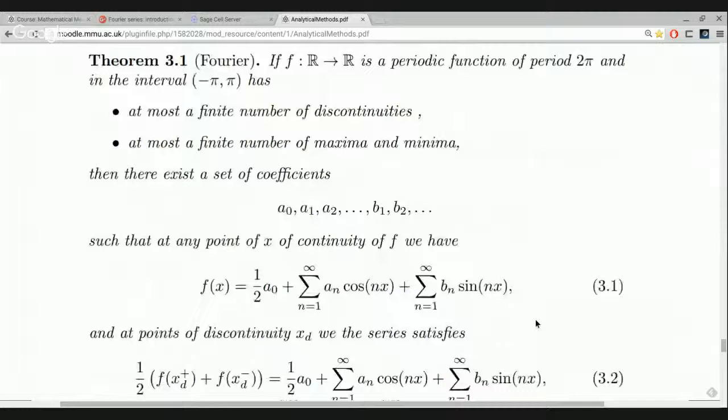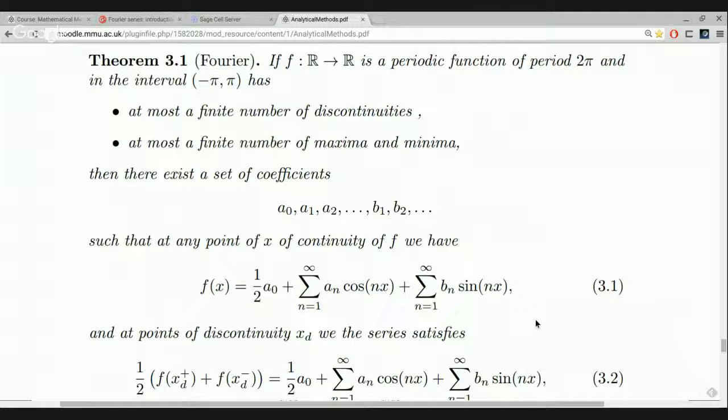There are some technical conditions here, the well-behaved conditions that I had in the notes before. So our functions mustn't be too strange. They can only have at most a finite number of discontinuities. But they can have discontinuities. Like that original square wave function I showed you at the beginning had a discontinuity at the point x equals 0, because at x equals 0, it made a sudden instantaneous jump from the value 0 up to the value 1.